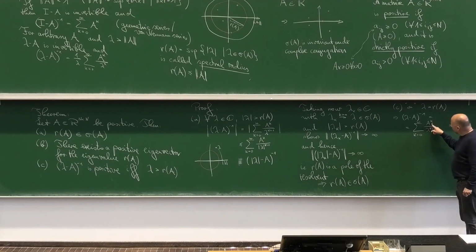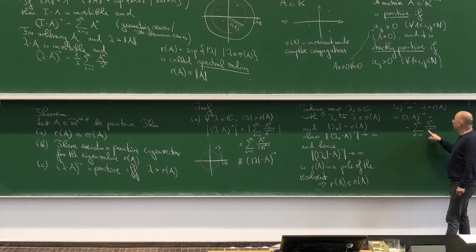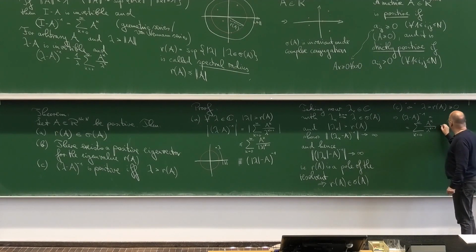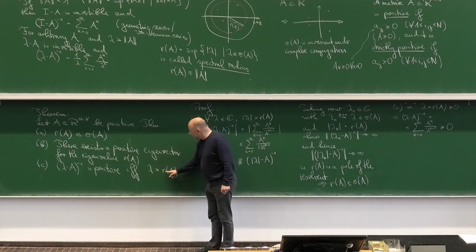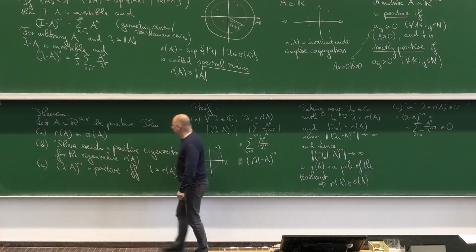So now the matrix A is positive, all powers are positive, lambda is real and actually also positive. So all terms here are positive, then also the limit is positive. So if lambda is greater than the spectral radius, then the inverse is positive.